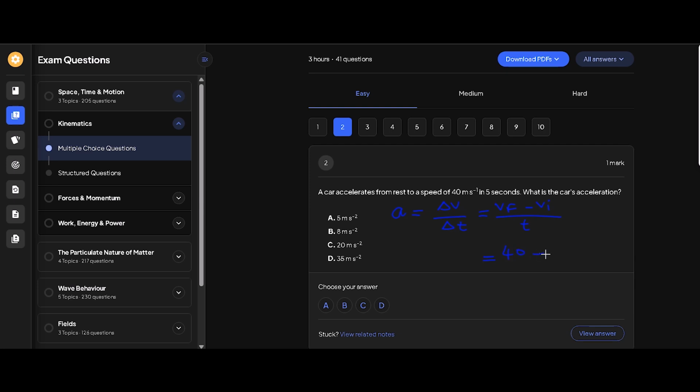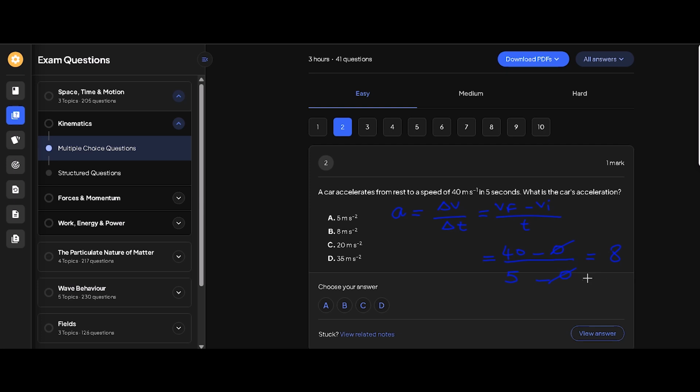So it would be 40 minus, what is the V initial? It accelerates from rest, so the initial velocity is 0. So 40 minus 0 divided by time, which is 5 seconds, the final time he reached. And of course, we are starting from 0. So it's 40 divided by 5. And the answer would be 8.